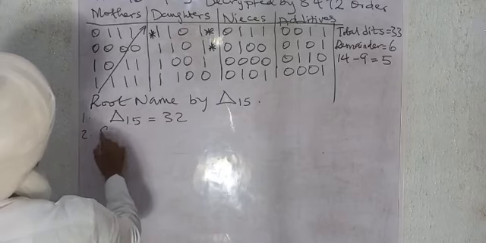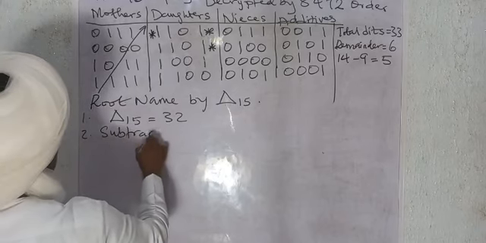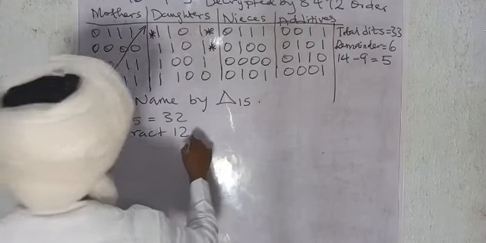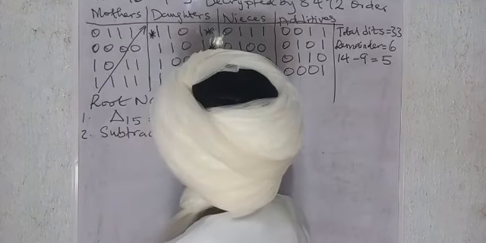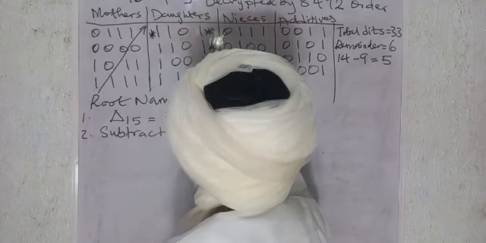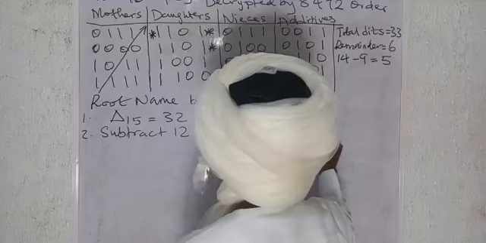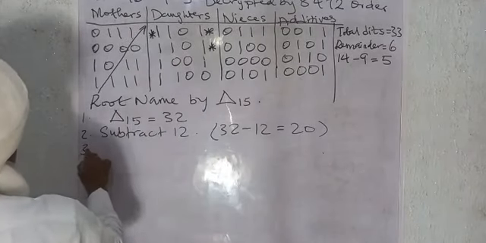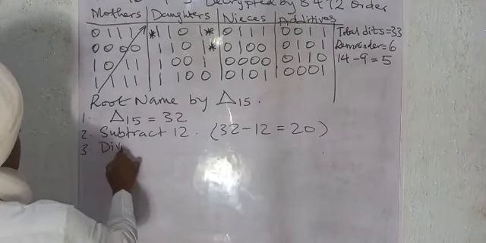Step 2, subtract 12. So 32 minus what? Will give us what? 20. Step 3, divide by 9 and find the remainder.